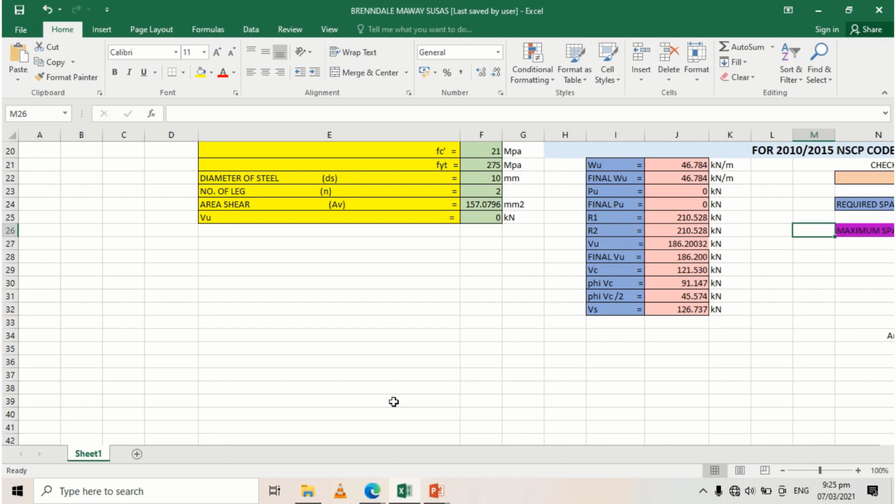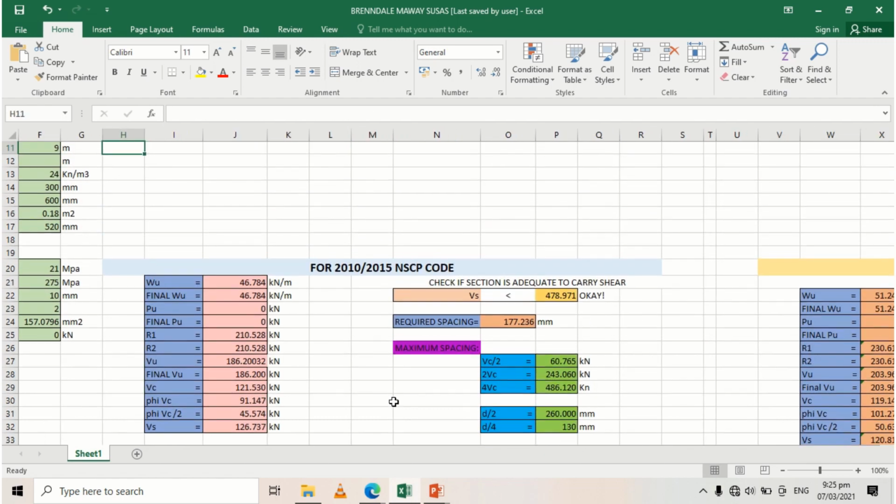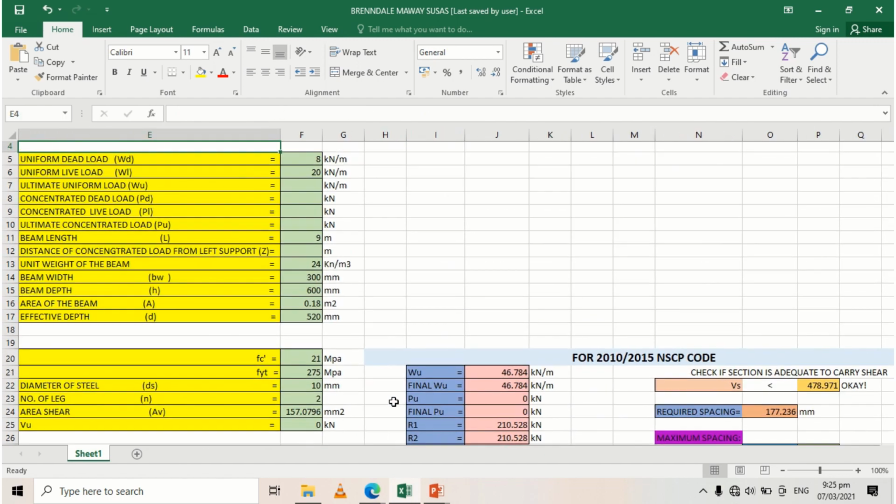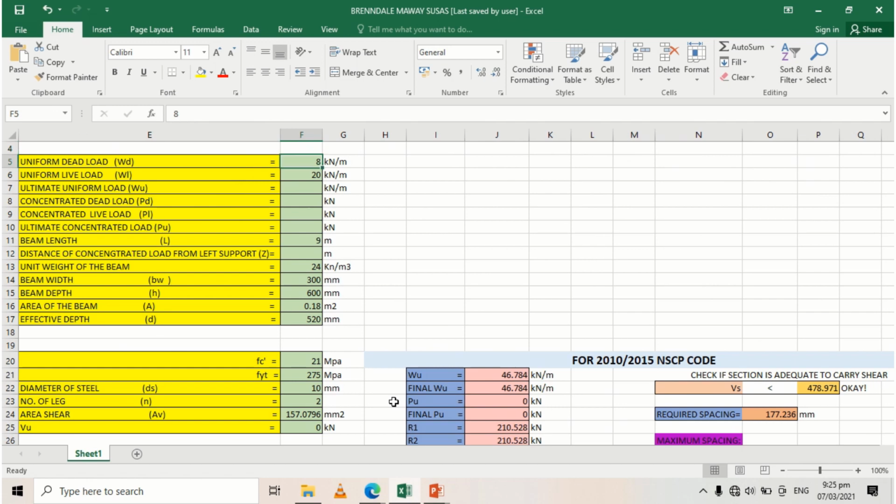So, magdi-design tayo. Sige. Input natin yung mga given. Sa ito lang, W, meron tayong 80 dyan, PU natin 150, 6 dito, 3 dito, then 0 dito.